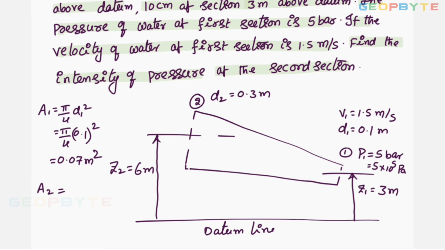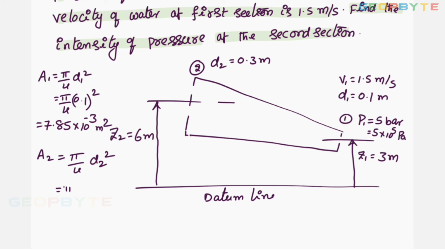Then the area at section 1 is 7.85 into 10 power minus 3 meter square. A2 equal to pi by 4 into D2 square, pi by 4 into 0.3 square. Simplify this value for getting 0.07 meter square.